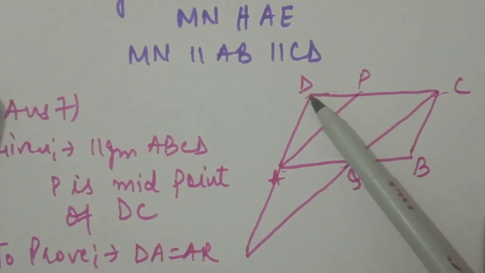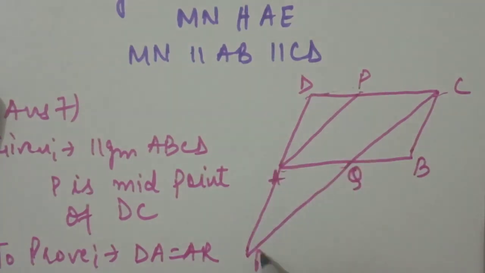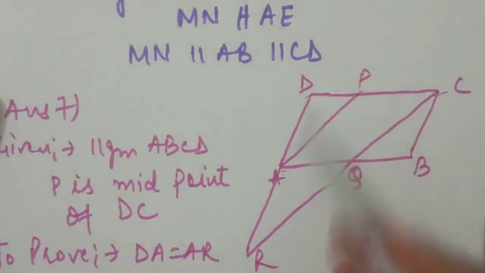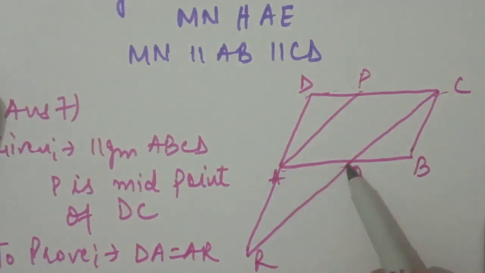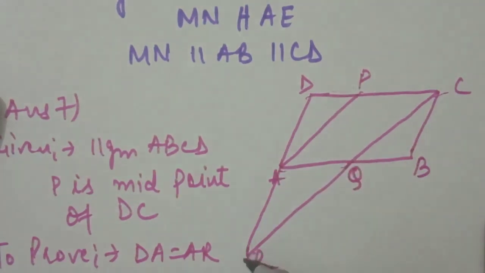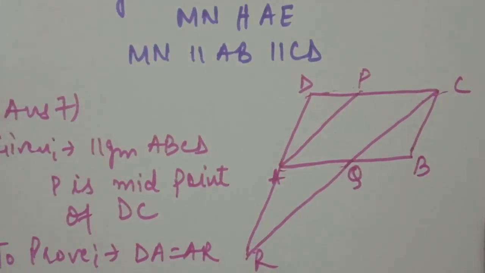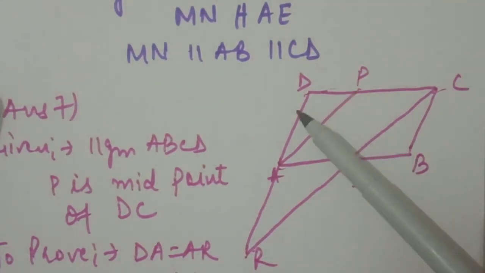In triangle DRC, this line DC is parallel to AQ, opposite sides of a parallelogram, and Q is the midpoint of this. So definitely by converse of midpoint theorem, A is the midpoint of DR, and we can say that DA is equal to AR.